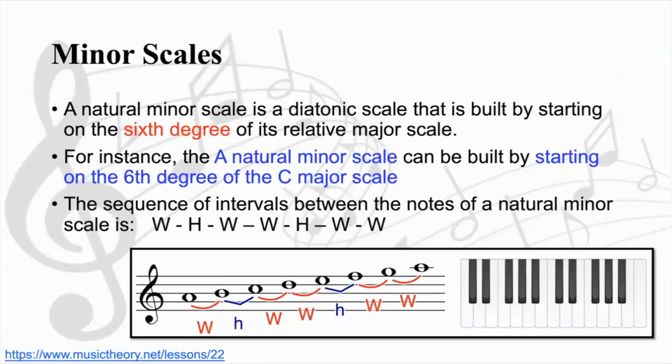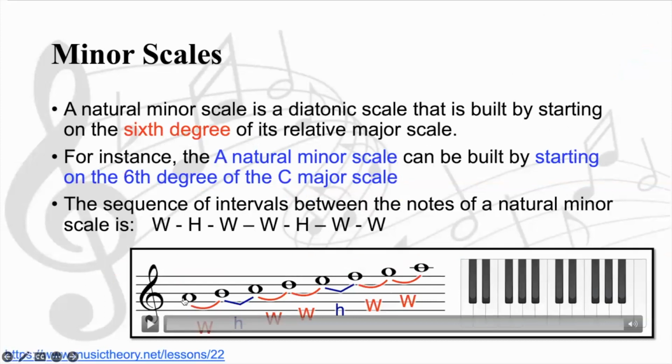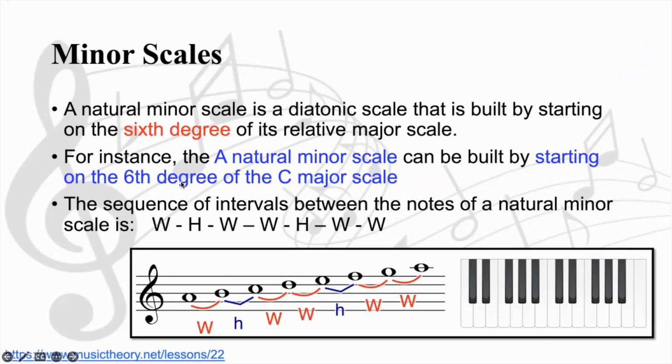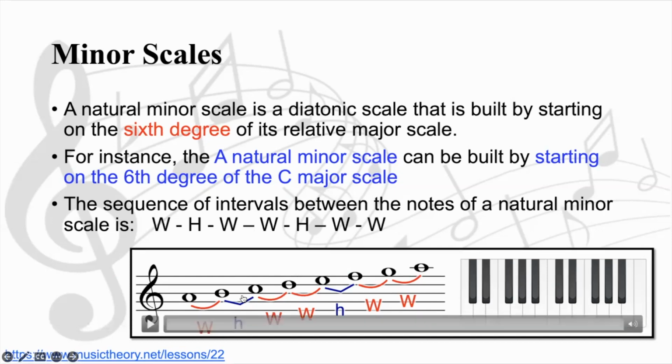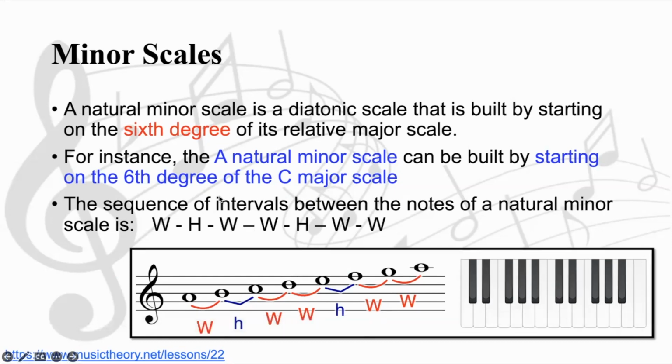It starts from A, here, this one is A. A, B, C, D, E, F, G, A. And A is also the sixth degree of the C major scale. If you can understand this, it will be very clear for you that when we come to a certain major or minor scale, we just need to count.